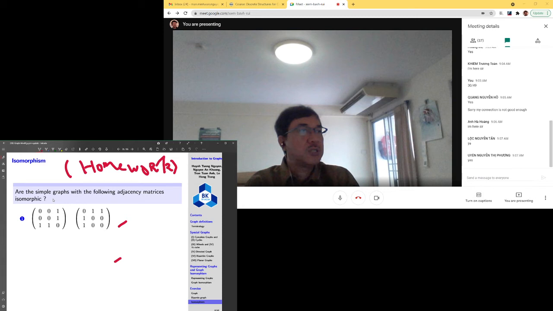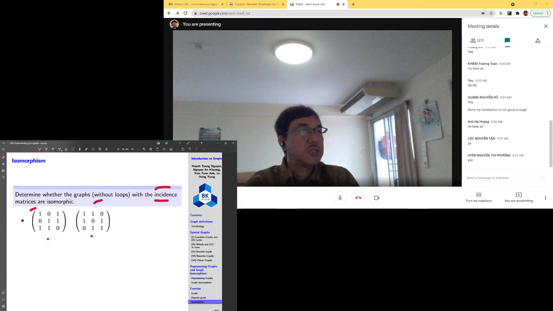The matrices here are incidence, and you have to employ the definition of incidence to recover the graph, because you remember the adjacency matrices and the incidence matrices are among the three ways to describe the graph.